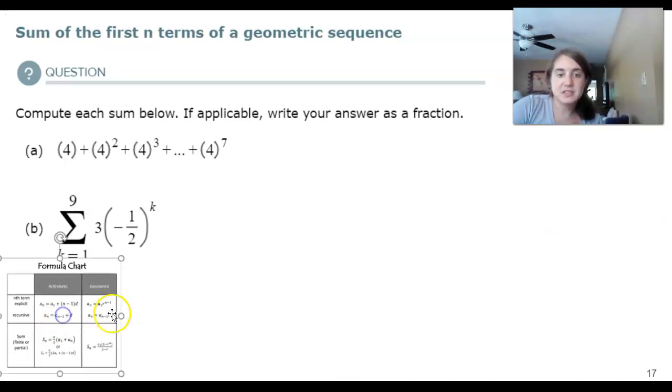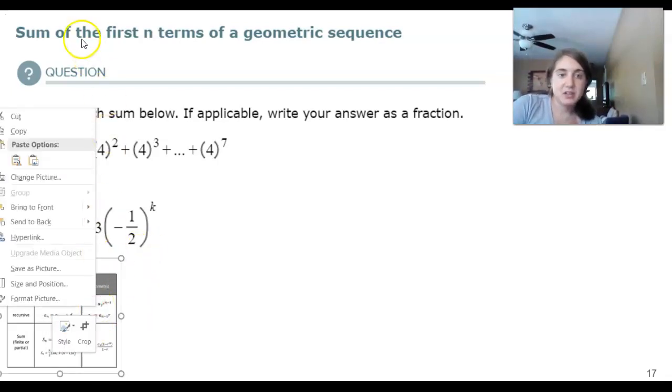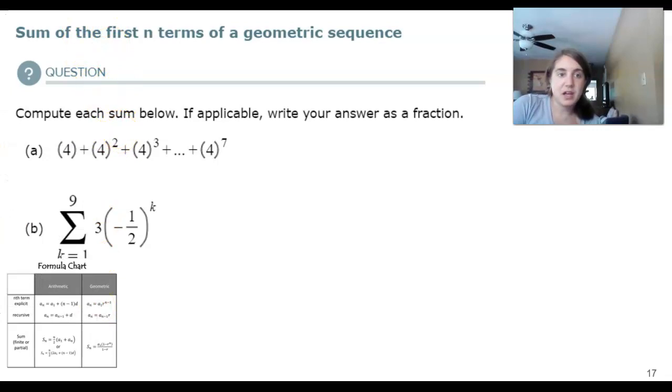Okay, so the last one we have is summing geometric. So I can see here that every time I do this, I'm multiplying by another 4.